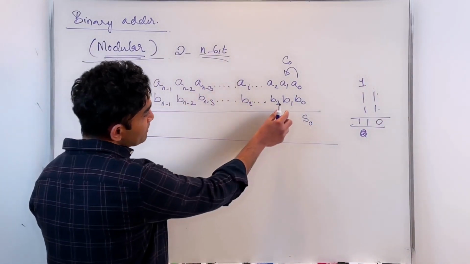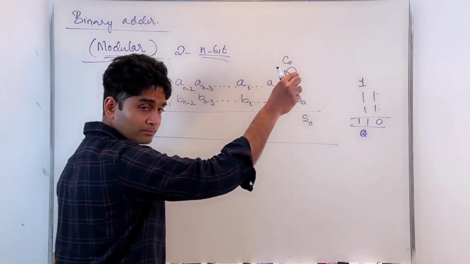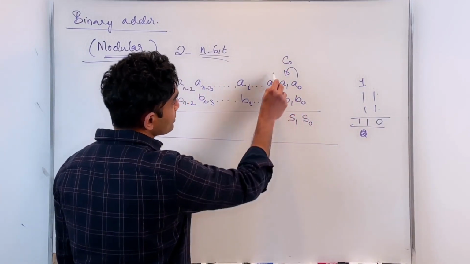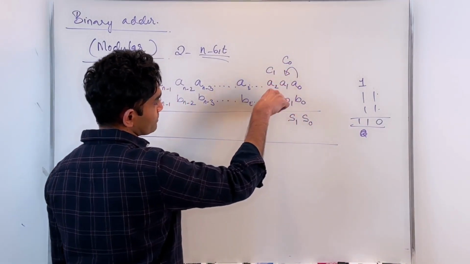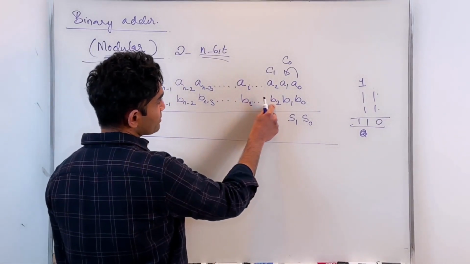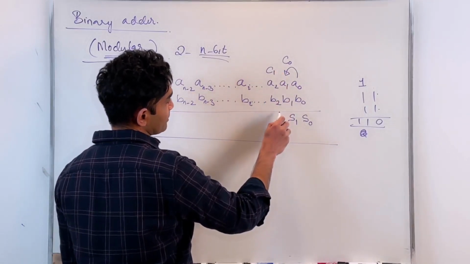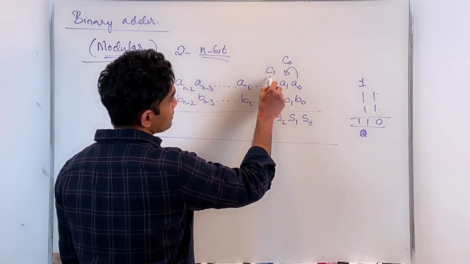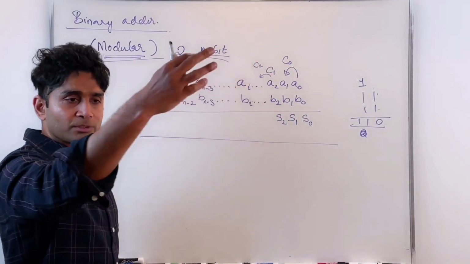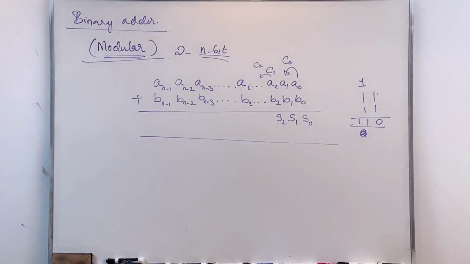So now in this bit position, I'll be adding A1, B1 along with C0 to give me some S1 and a carry out. Let me call that C1. The same thing repeats. In this bit position, I'm adding A2 and B2 along with C1 to get my S2 and some carry out C2, and so on, and that gets propagated through the entire bit position.